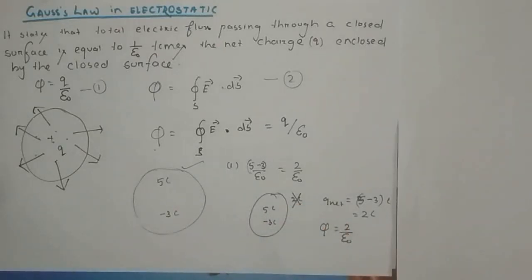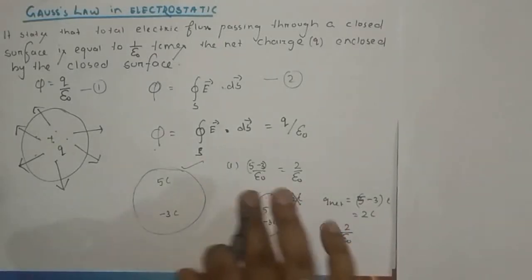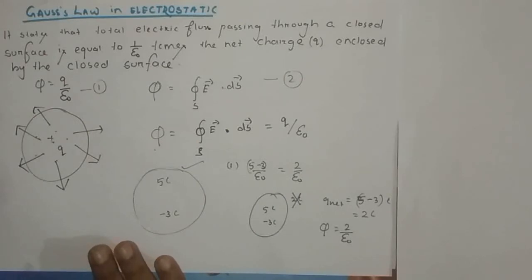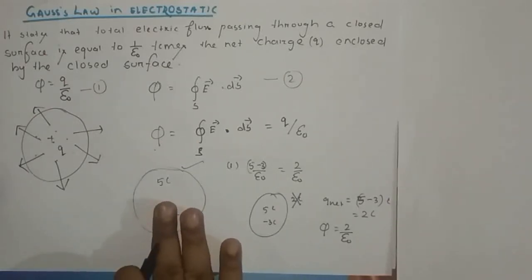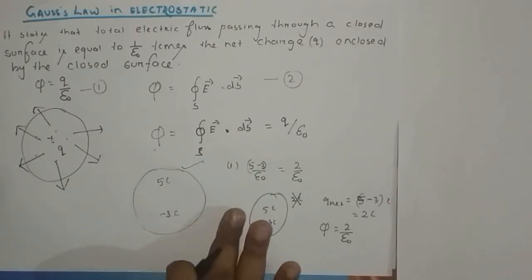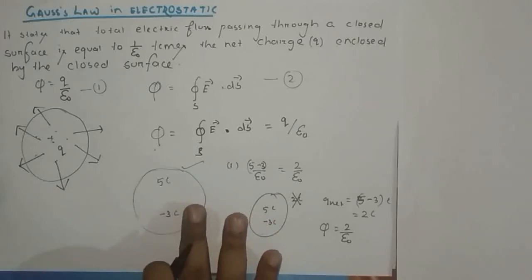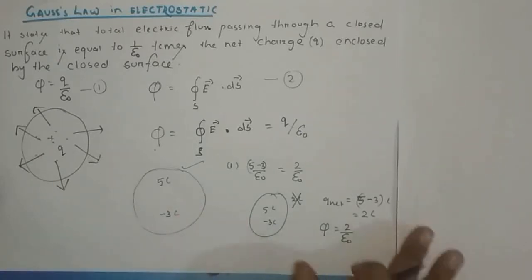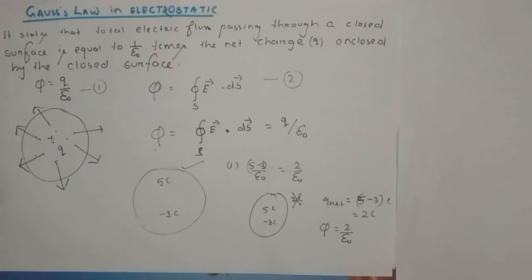Now the question is, if charge is outside, net charge inside is 0, so flux will be 0. But if the charge is outside, does the electric field inside the sphere exist or not? If it exists, why is flux 0? Think about it. Now we will go for the proof of Gauss law.